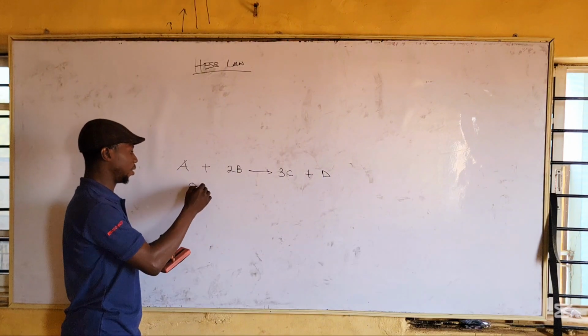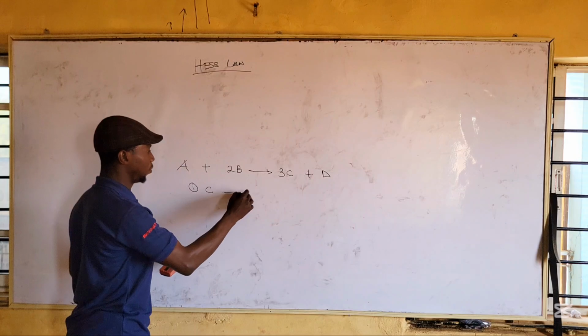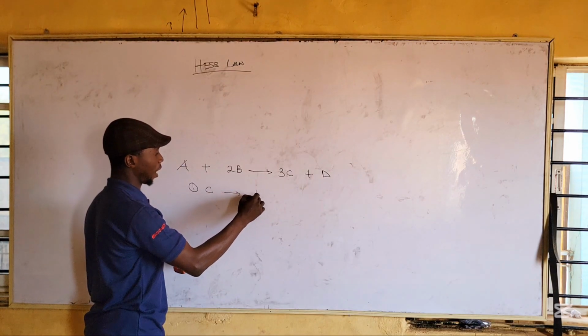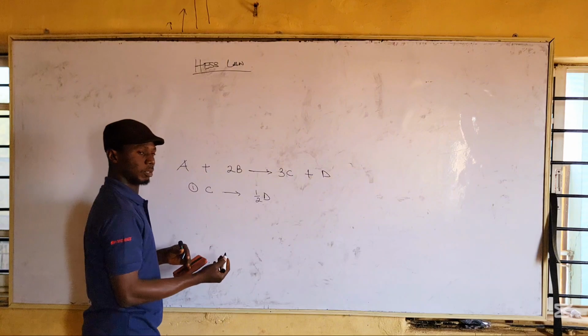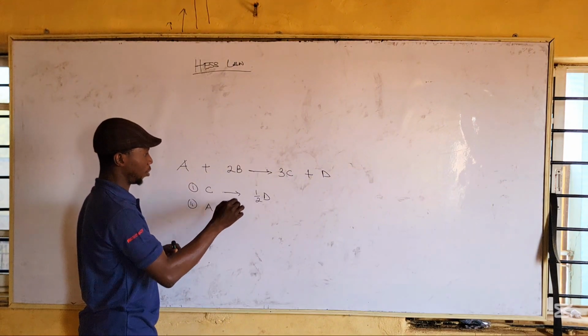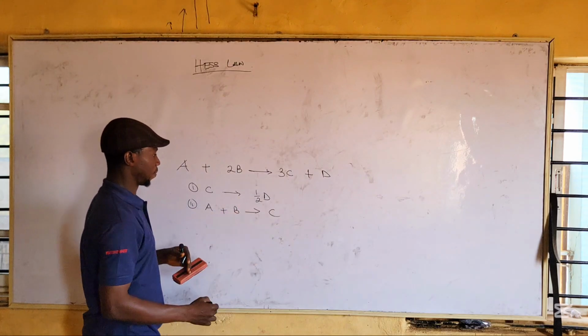For instance, we have number 1, C to give maybe half of D. Then we have number 2, A plus B to give C.